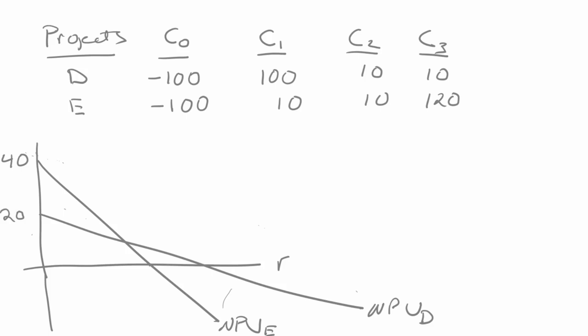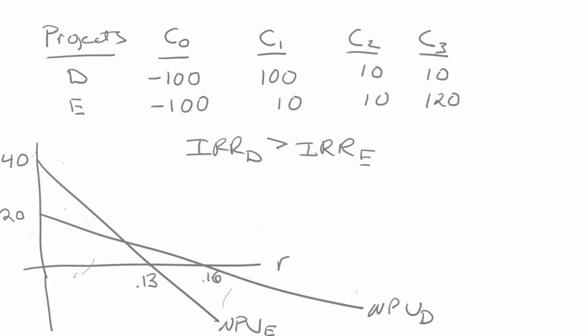So the IRR of E is about 13%. The IRR of D is higher, it's 16%. Note that IRR D is greater than IRR E. Does that mean that we should choose D?